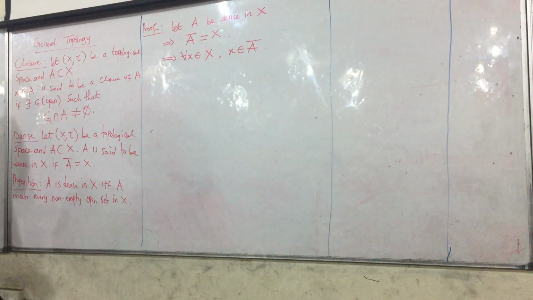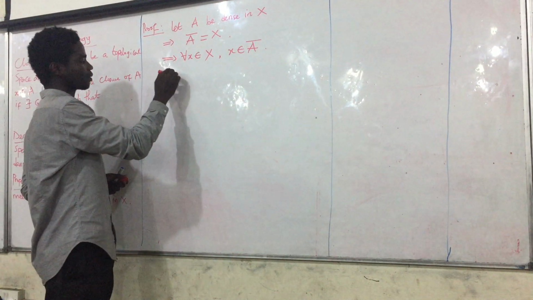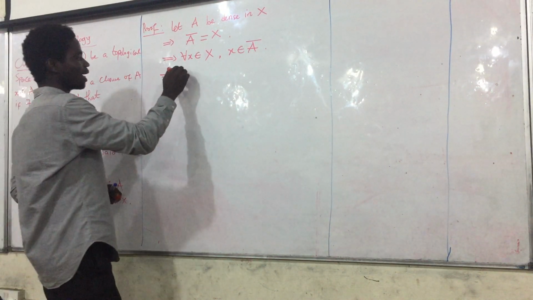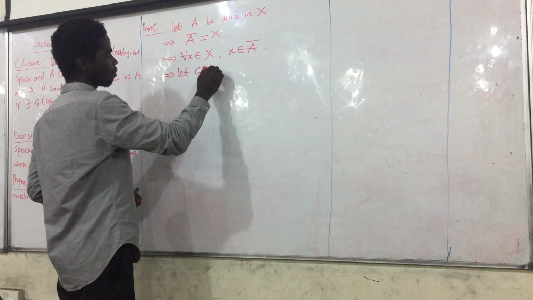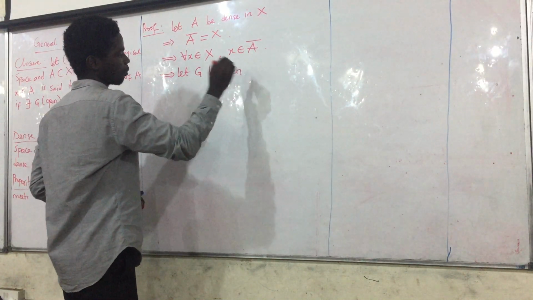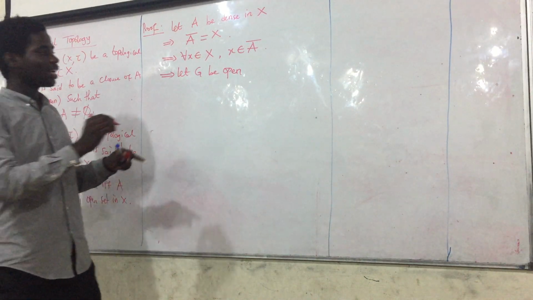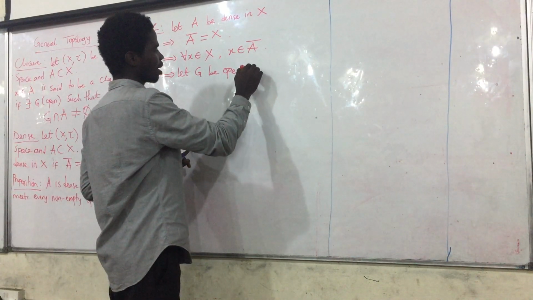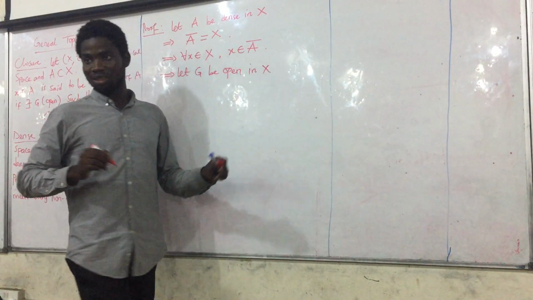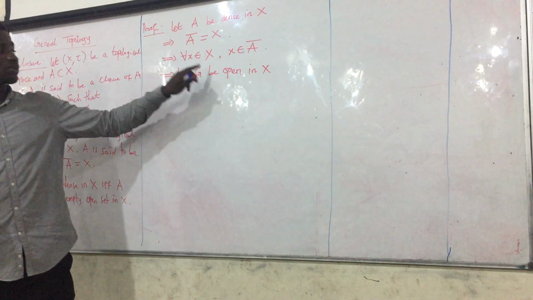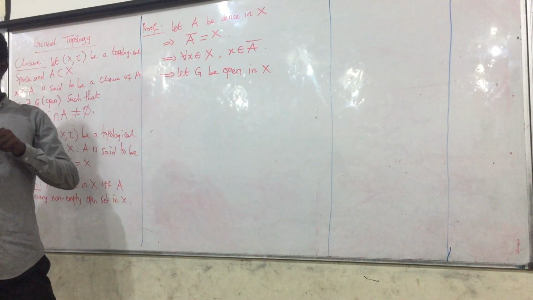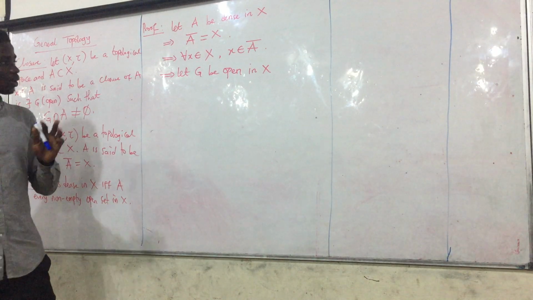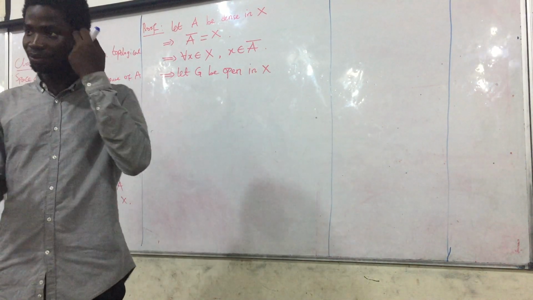So, if you take, let G be open. Do you understand? Let G be open in X. Let G be an open set in the whole space. Are you getting my point? See what I'm trying to do.